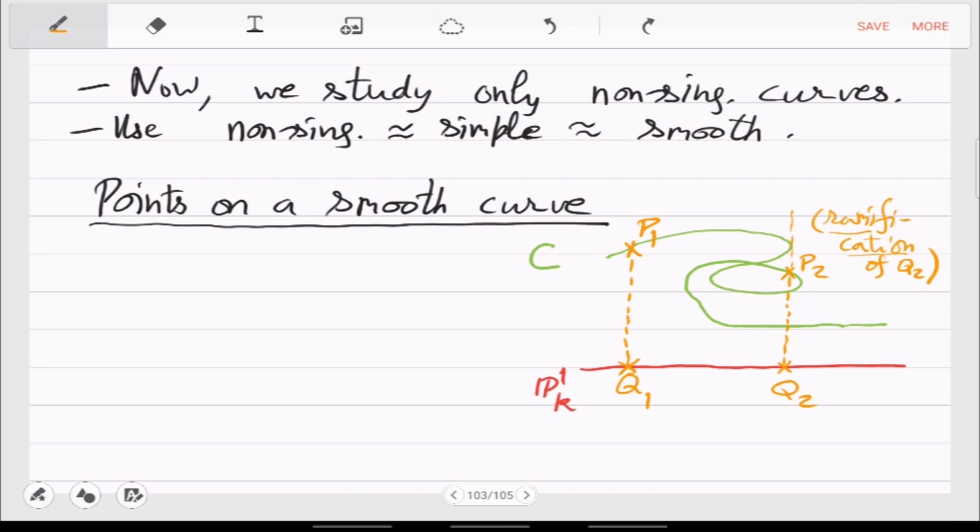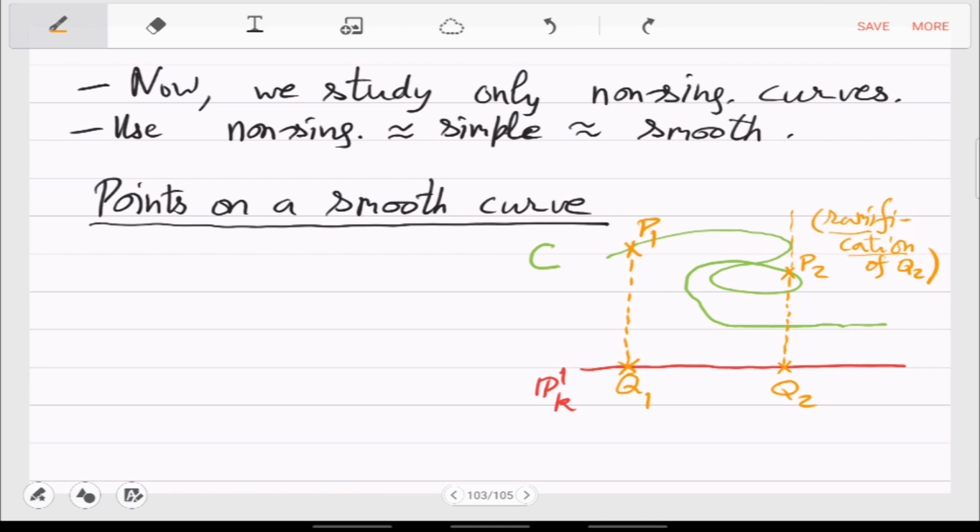So when you fix a variable, the other variable may take many values. So that is why this cover is, in general, a ramified cover of the line. But this picture is typical, this is what happens.